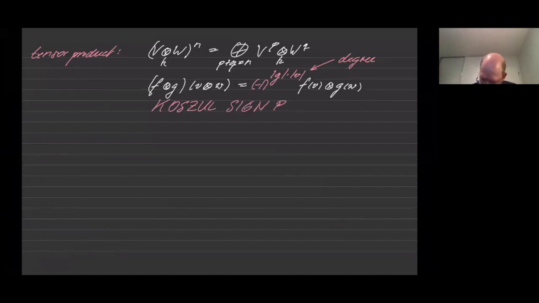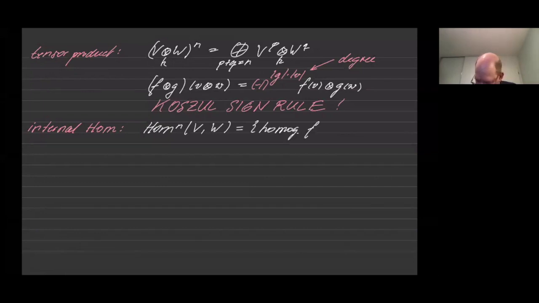Okay, which is very useful for absorbing the non-trivial signs. And then this category not only has a tensor product, but also an internal Hom functor, namely the nth component of the Hom space between two graded vector spaces is just given by the space of homogeneous maps f from V to W of degree n.